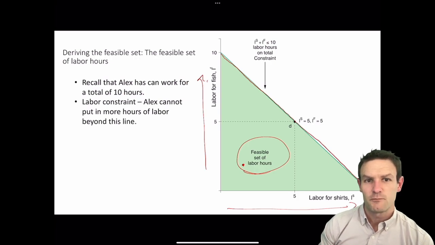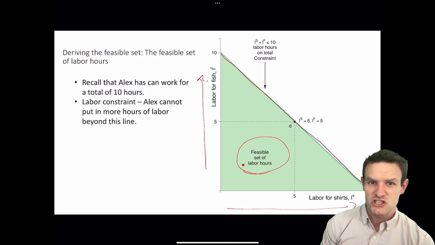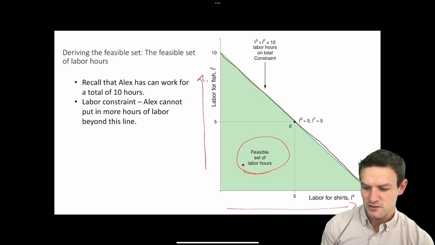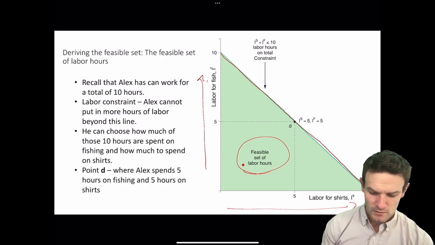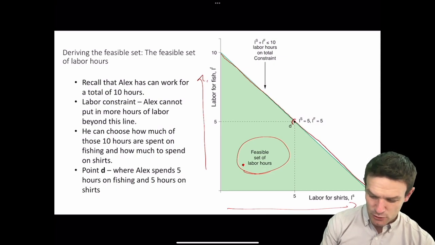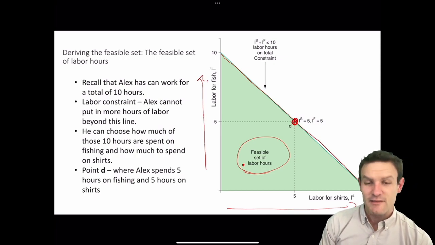So as we say here, he can work for a total of 10 hours each day. Labor constraint, he can't put in more hours of labor beyond this time. Okay, so at point D over here, he spends 5 hours on fishing and 5 hours on shirt making. Now recall, that resulted in 2.5 fish and 2.5 shirts.